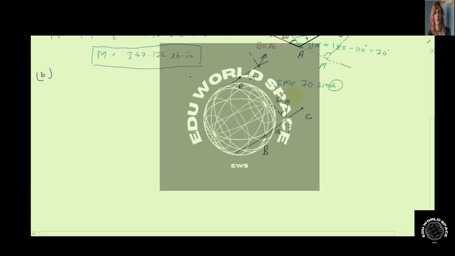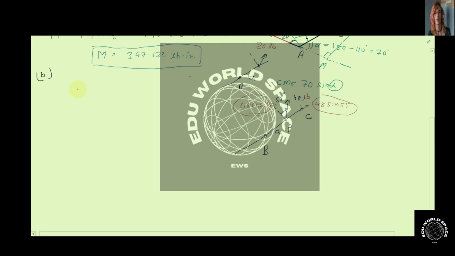So this is 48. The component of this 48 pound force along the line BC will be 48 sine 55, and perpendicular to the line BC will be 48 cos 55. This 48 sine 55 will have no effect on the moment, so the only effect will be because of 48 cos 55.